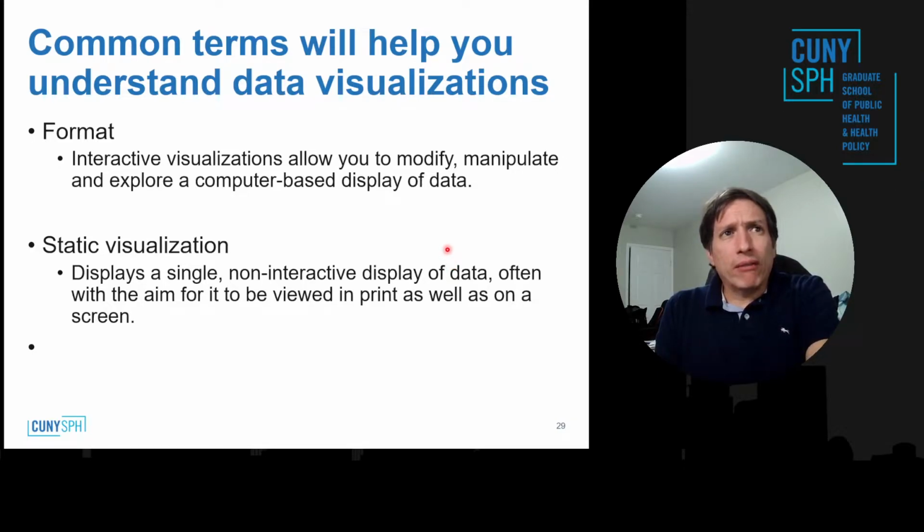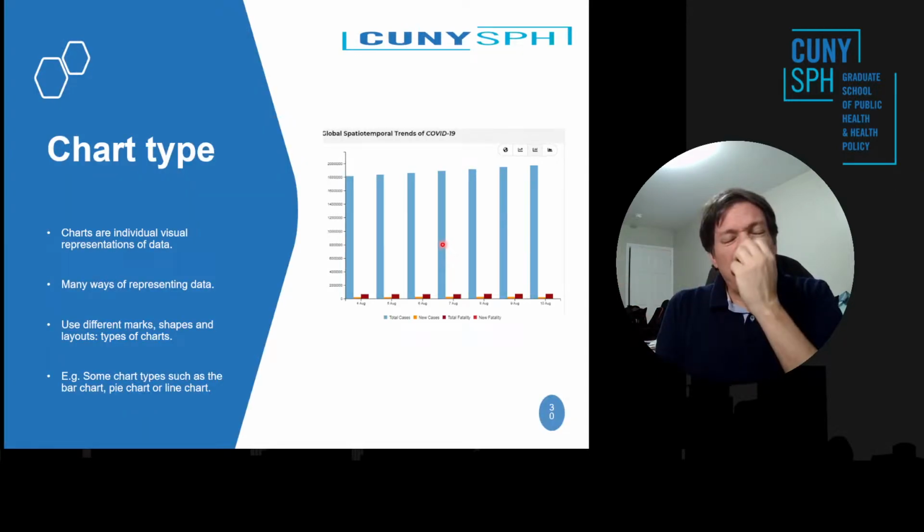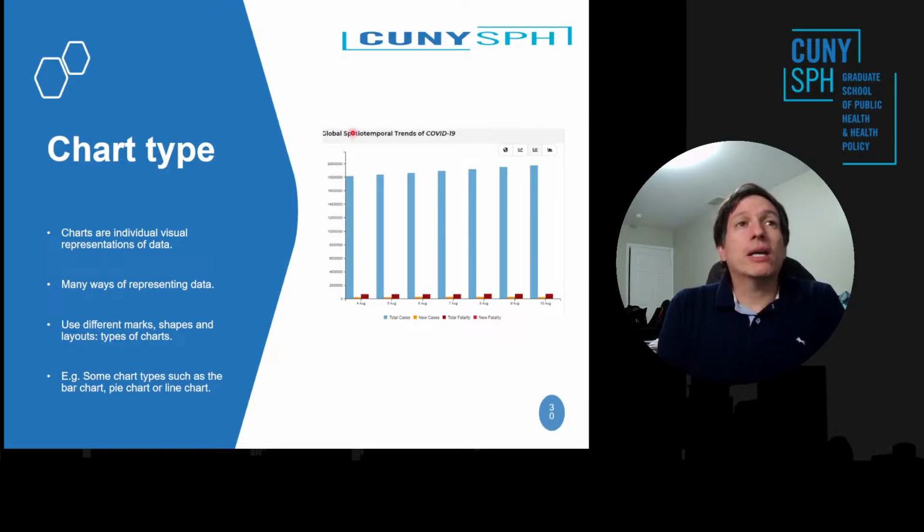We're going to be talking about format, and we're going to start with static visualization. The first thing is the charts, or the types of charts. And what is a chart? A chart is an individual visual representation of the data, and we are familiar with this bar chart. Data can be represented in so many ways.